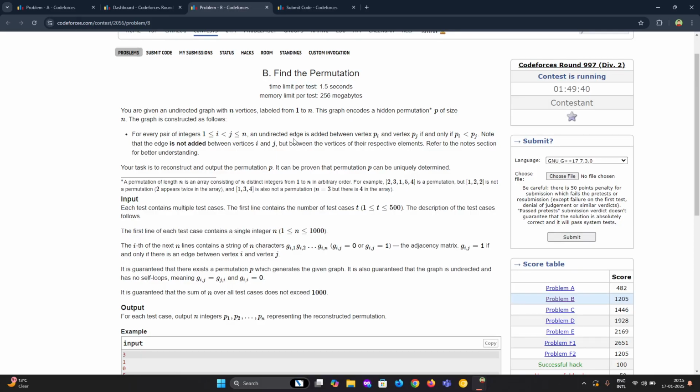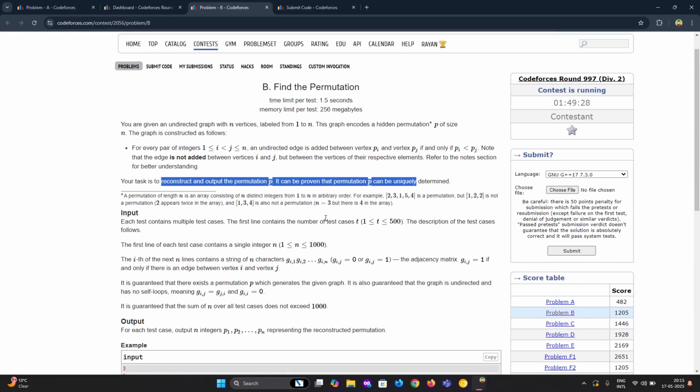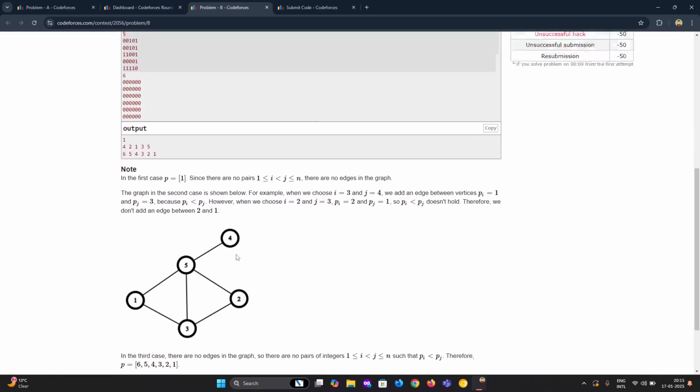Note that the edge is not added between the vertices i and j, but between the vertices of the respective elements. Let's see the explanation.